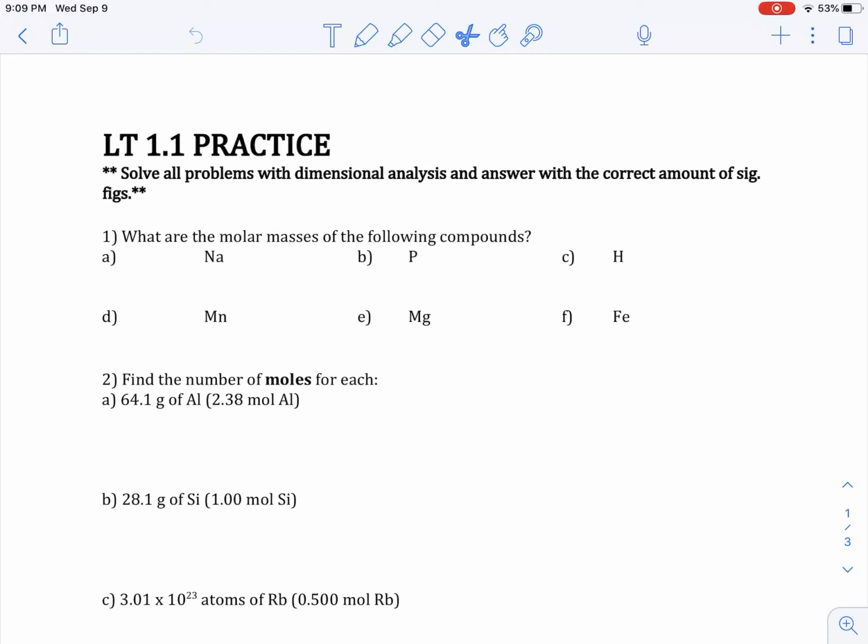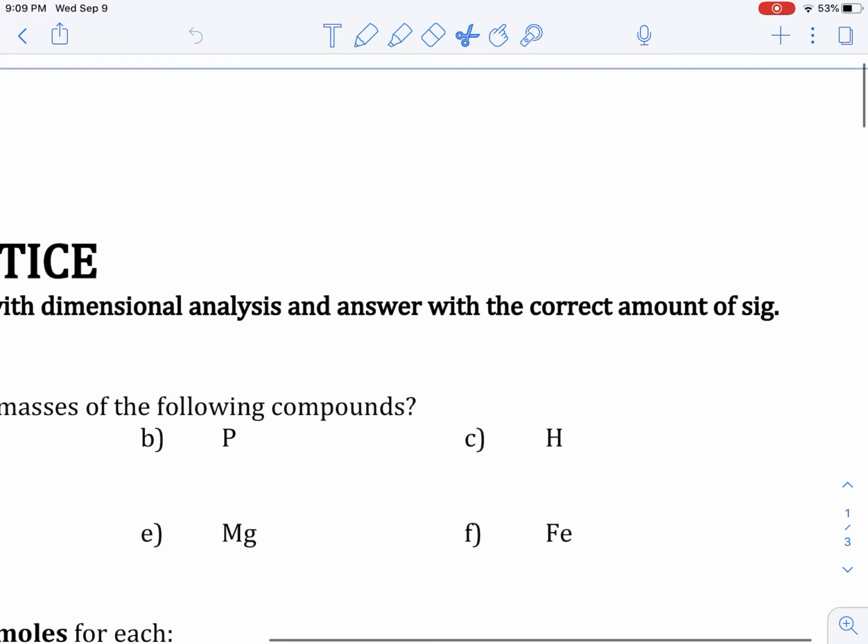So in this learning target, we're going to be converting between three different quantities, and I think it would help just to start off by showing a little diagram on the top here. We're going to be converting from moles of a substance. Let's call that moles of X. Now, you're not going to find an X on the periodic table because there is not an element that is X. X could stand for any element or compound, any pure substance.